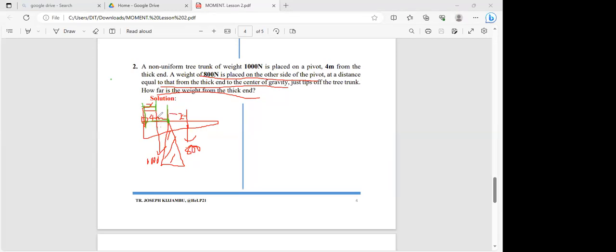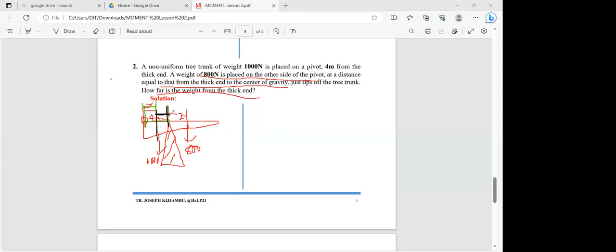That distance will be 4 minus x. This distance here, I'm putting it in black. This distance here, the distance from where the weight is acting. This is our weight, and the pivot, the distance there is 4. The distance there is 4 minus x.